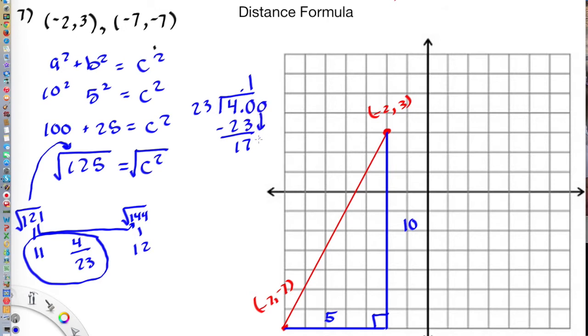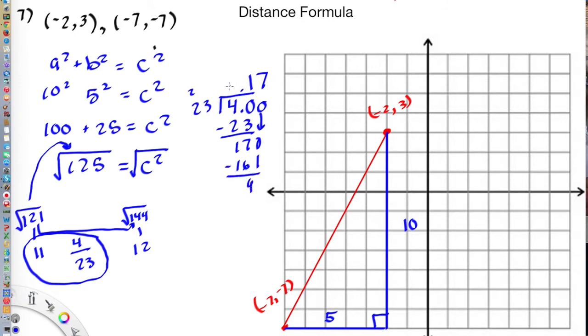Then I'll bring down a 0. And 23 would go into 170, I believe, 7 times. 7 times 3 is 21, carry the 2. 7 times 2 is 14, plus the 2 is 16, and we can stop right there.